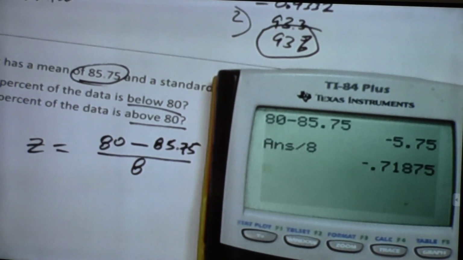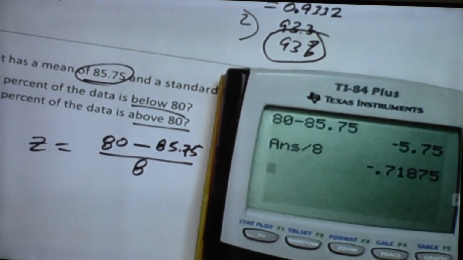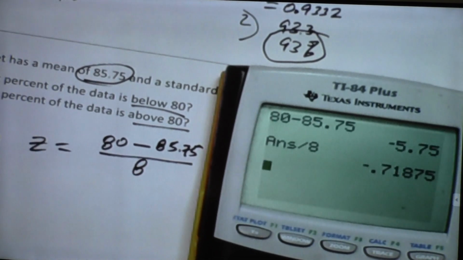So you should be seeing that. Now that's a nice long enough decimal for us to talk about rounding there.